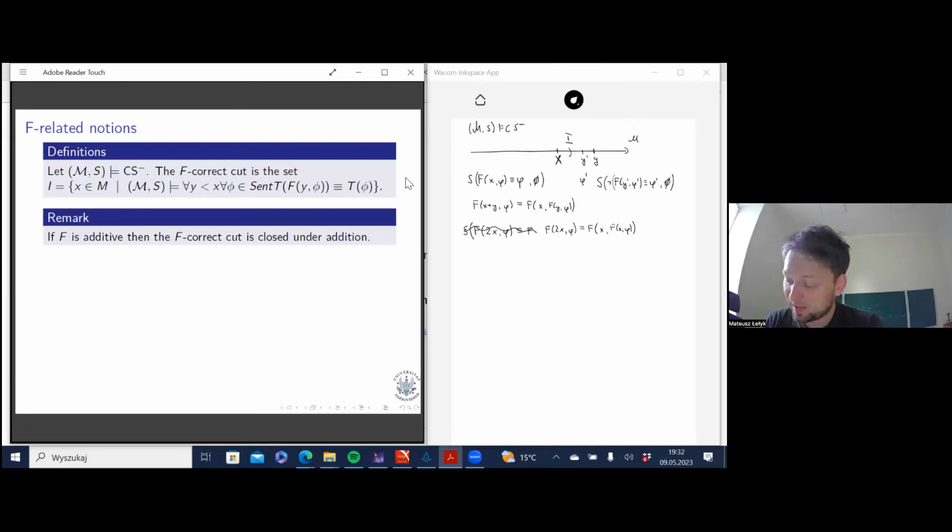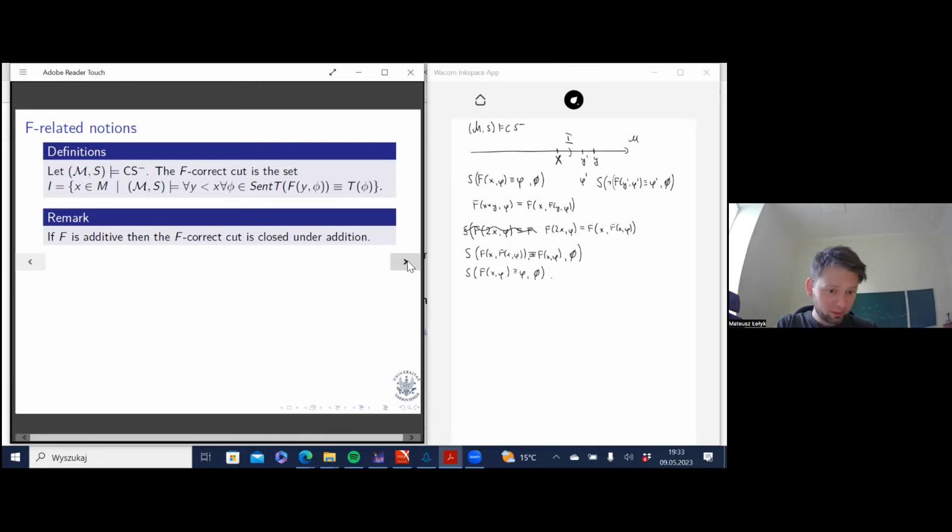So in particular, since I is the F correct cut, and our satisfaction class behaves correctly, and x is in I, it follows that we have S of f of x phi equivalent to f of x phi. And moreover, we have S of f of x phi equivalent to phi. And then the rest is just compositional axioms, CS minus.